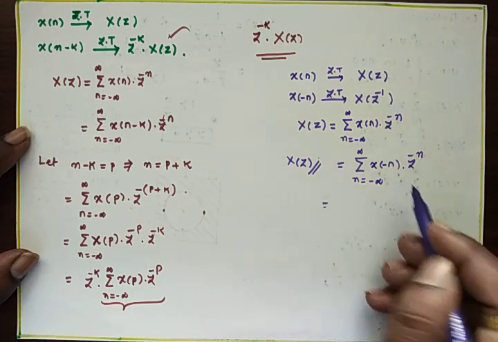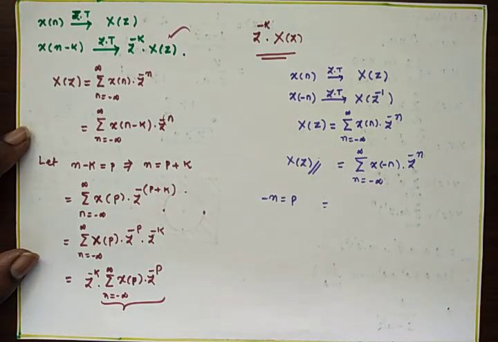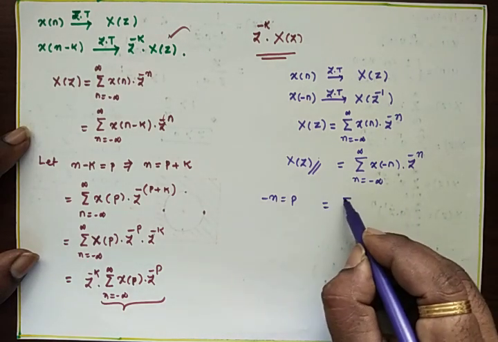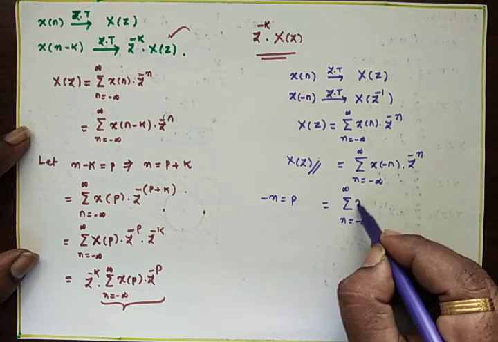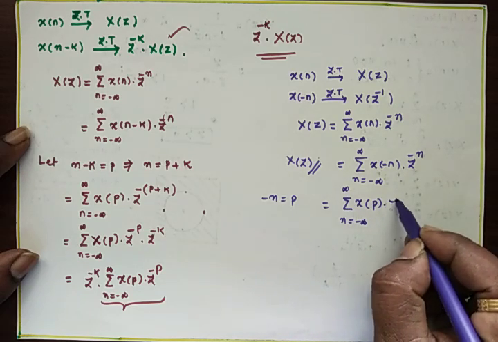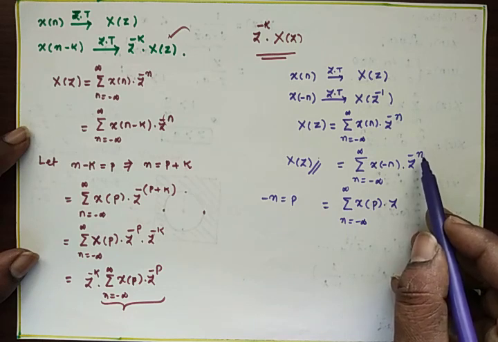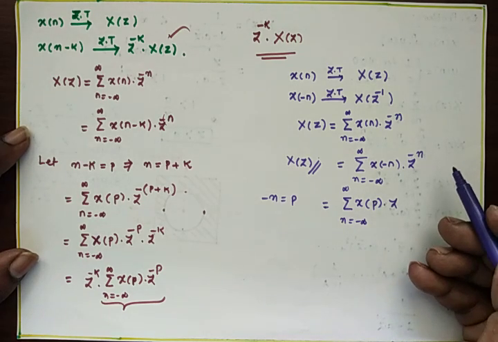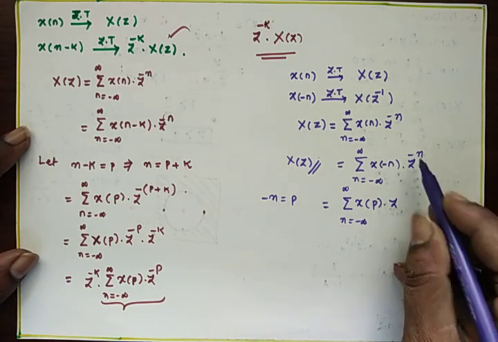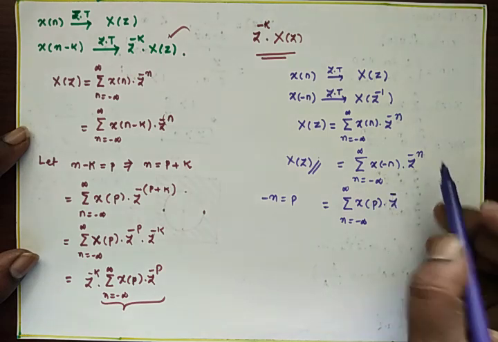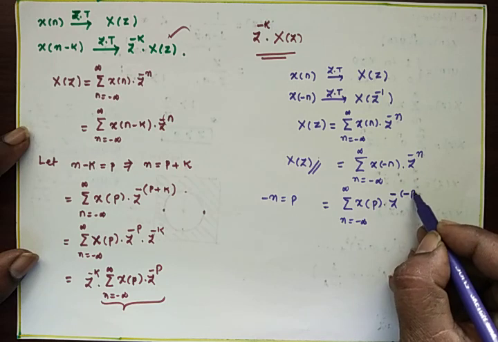Then I can take minus n equals p, so that I can write sigma x of p into z to the power of, since minus n equals p, n equals minus p, so I can write minus p.